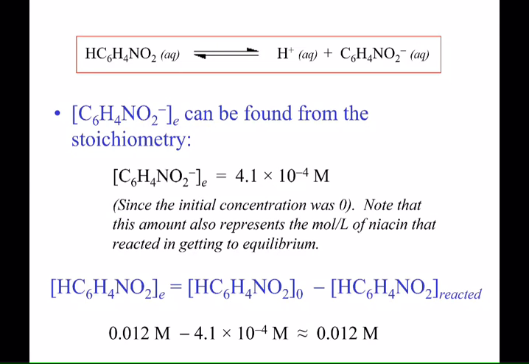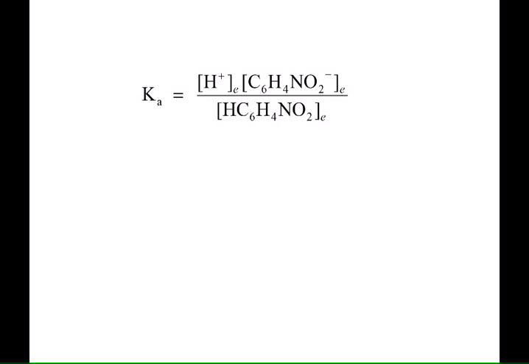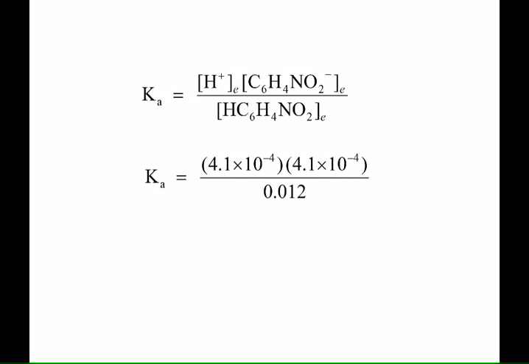We just have to take those equilibrium concentrations and plug them back into your Ka expression. And it looks like this. In the numerator we have two terms of that 4.1 times 10 to the minus 4th. Two terms because one is for the hydrogen ion and the other is for that C6H4NO2 minus.